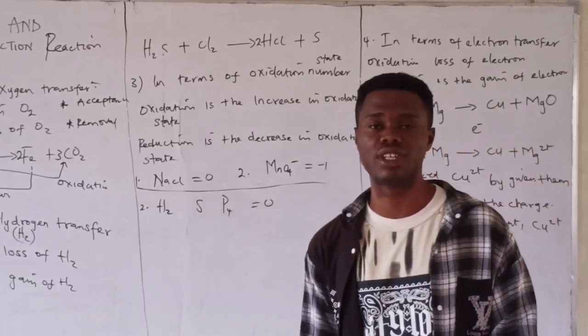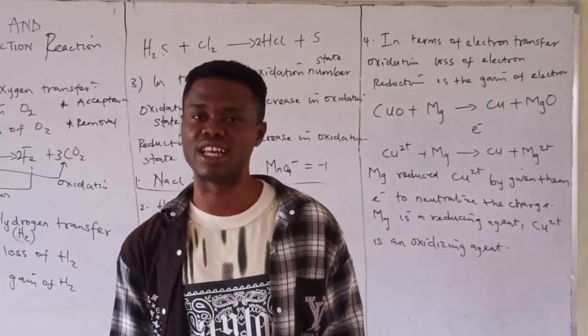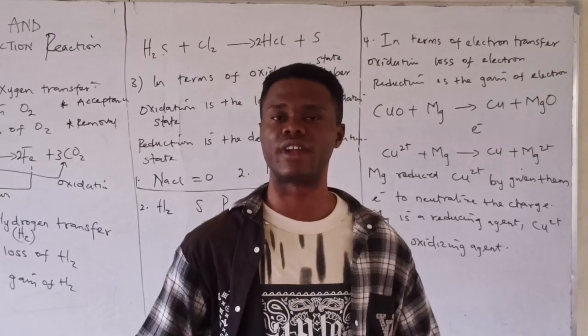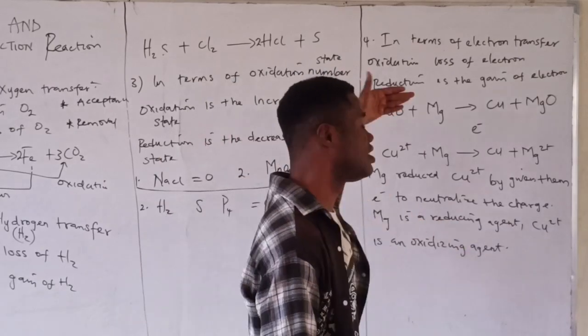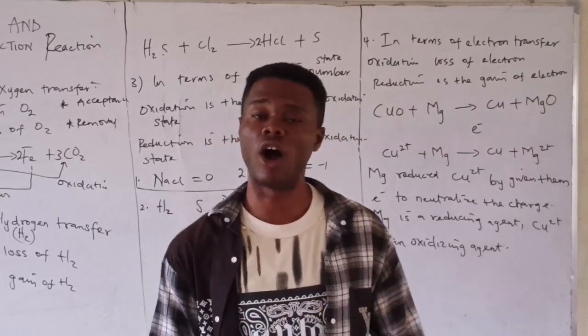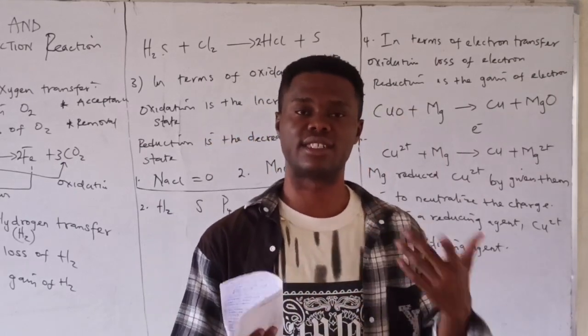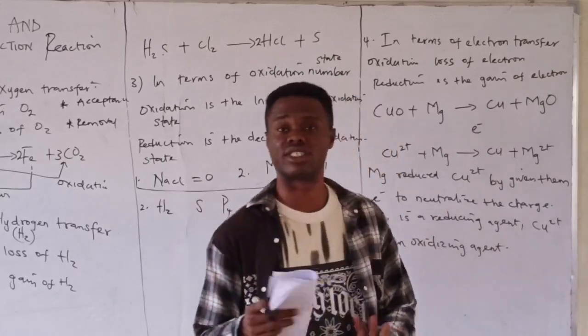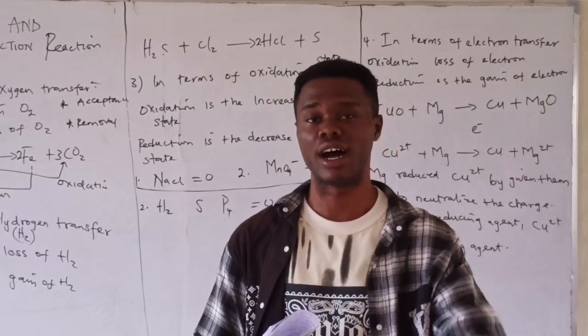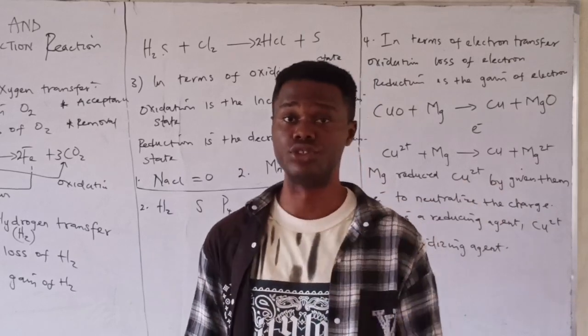Remember what I told you? I told you that a reducing agent is an agent that reduces another substance and itself gets oxidized, while an oxidizing agent is an agent that oxidizes another substance, but itself gets reduced.